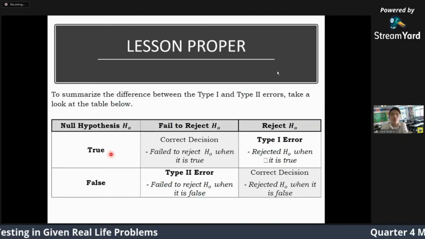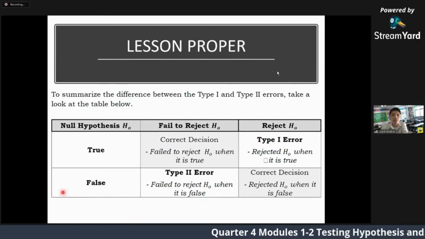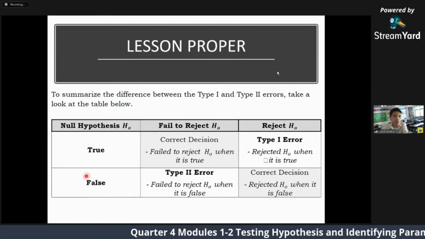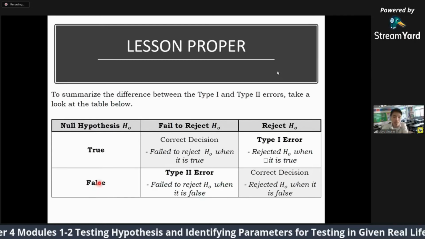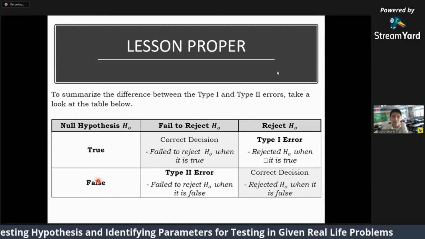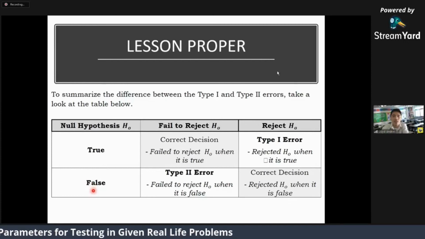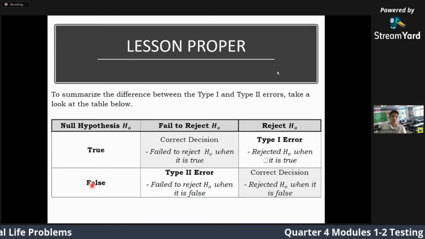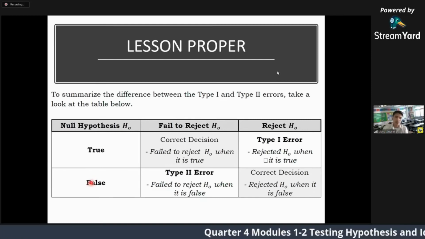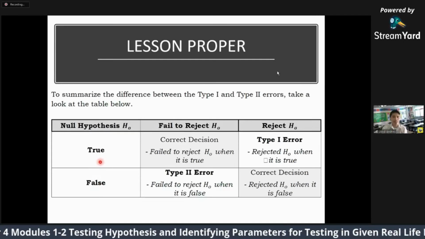Okay. What about kung false gyud imo ang null hypothesis? Di gyud siya tinuod kumbaga. Let's say para mas concrete ta. Katong example sa usage. Internet usage. Balik ta diri sa true. Let's say tinuod nga walay kausaban. Diba?